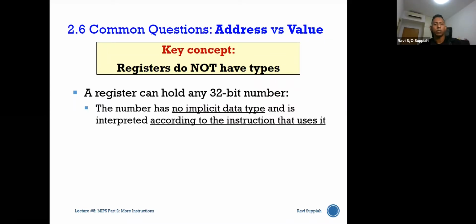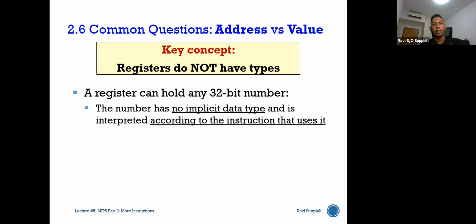Of course, when you are writing the program for some application, as a programmer, you know what it is for. It is holding some age, temperature, something, access card number, something. So that 32-bit number in the register, as a programmer, you may be able to relate to it and say, okay, I know what this is for.